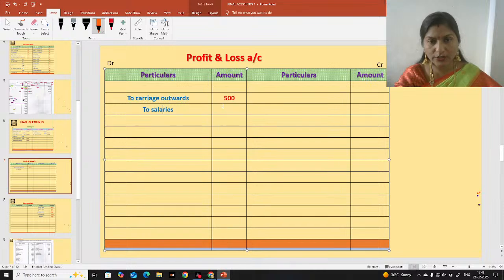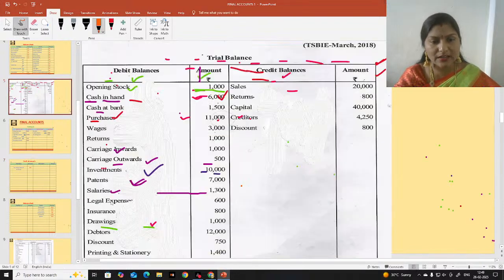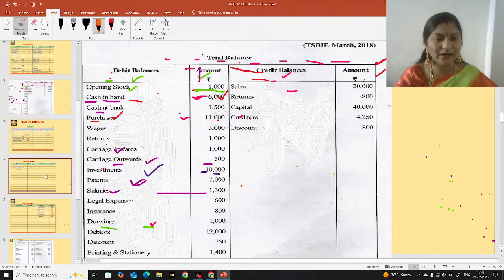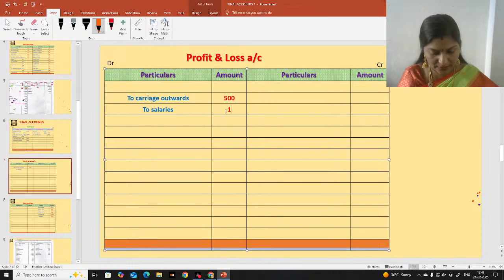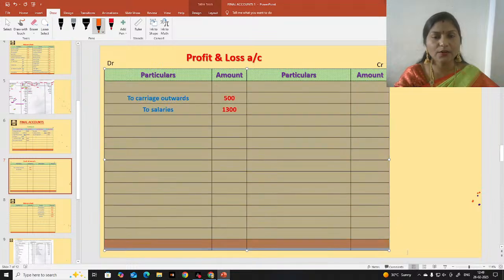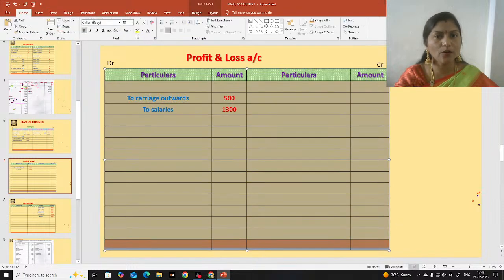In the question we have 1300, so let us record 1300 in the amount column. That's all. We recorded 1300 rupees salaries.